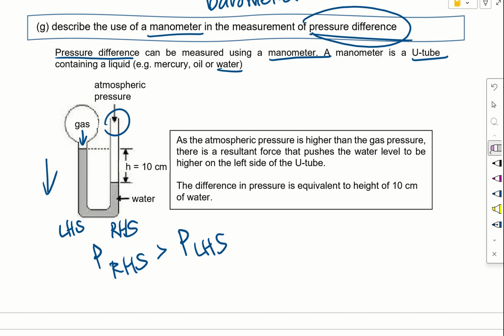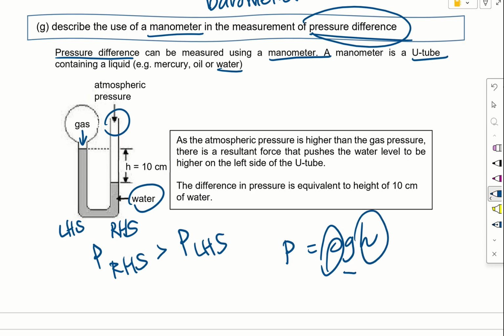So it is measuring the difference in pressure, and we can calculate the difference in pressure using our formula: pressure equals rho g h. Rho is the liquid's density, g is the gravitational field strength of Earth, and h is the height difference.